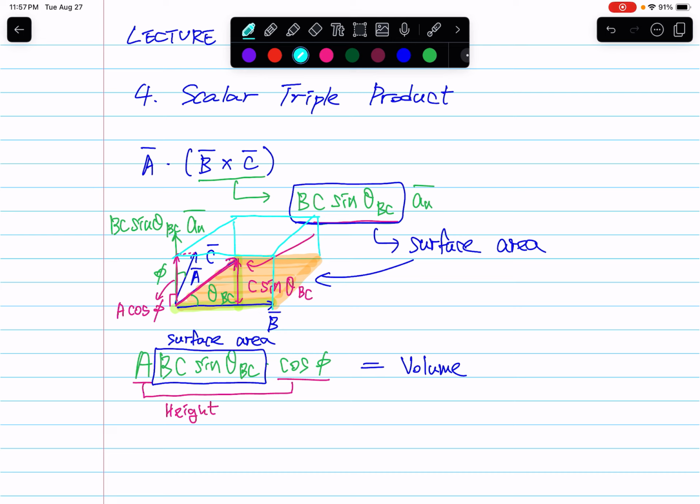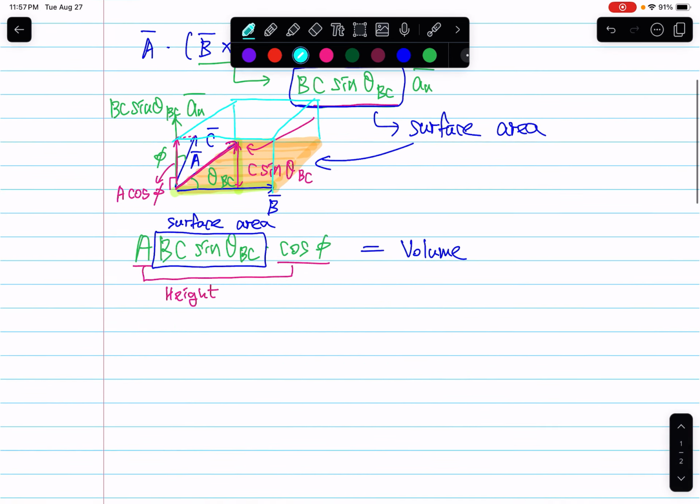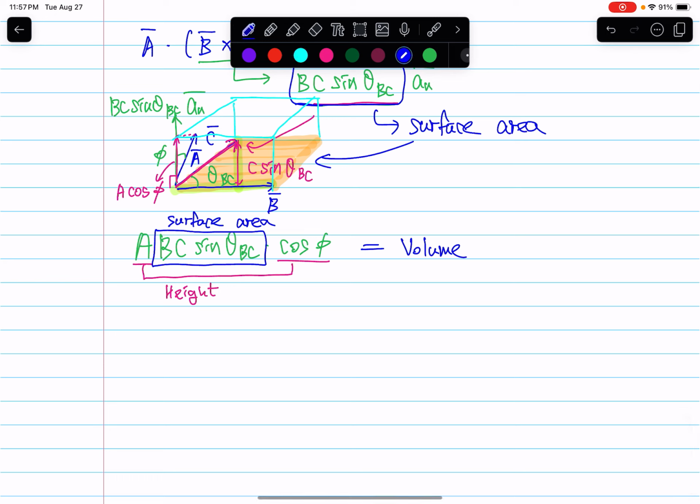When it comes to this scalar triple product, permutation is possible. So these are just mathematical properties, but sometimes it could be useful in solving electromagnetic problems. So let's talk about it.